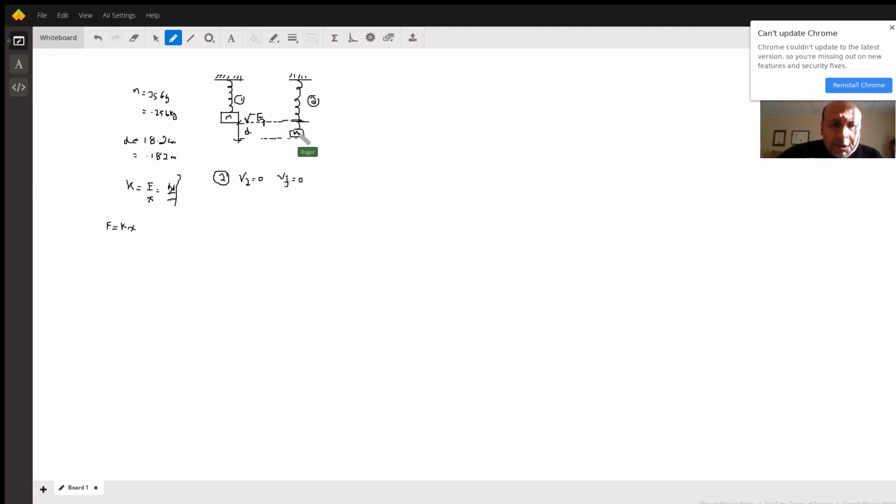So what does that help me to do? Well, we can use the principle of conservation of energy to solve this. So what does the principle of conservation of energy say?